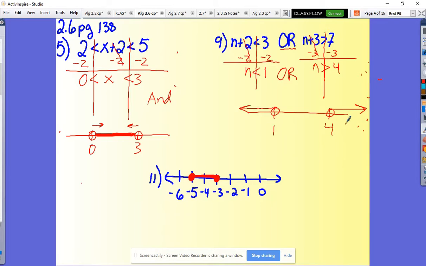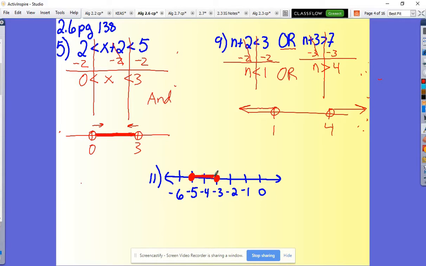All right, let's check out number 11. Number 11, now we need to write the inequality for what is going on here. Okay, taking a look at this part right here, we're on 5, and the line goes this way from negative 5, so x is going to be bigger than negative 5.